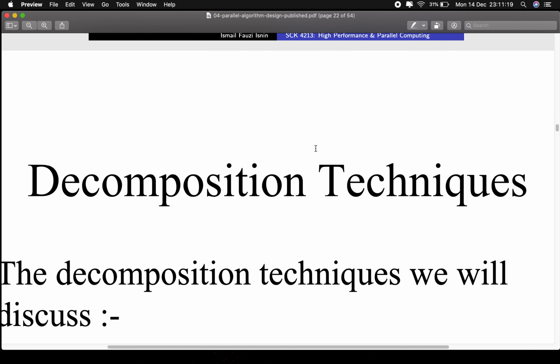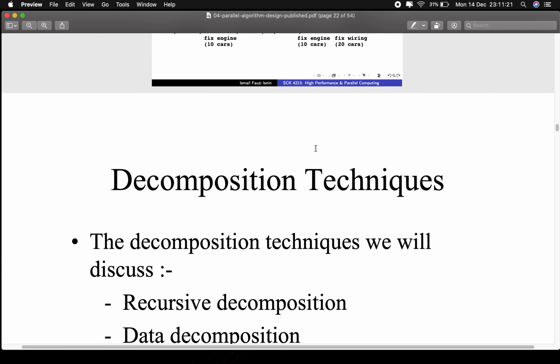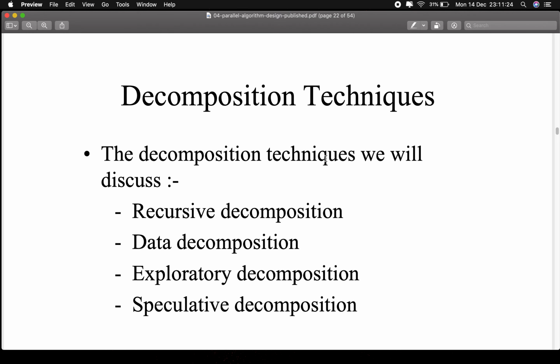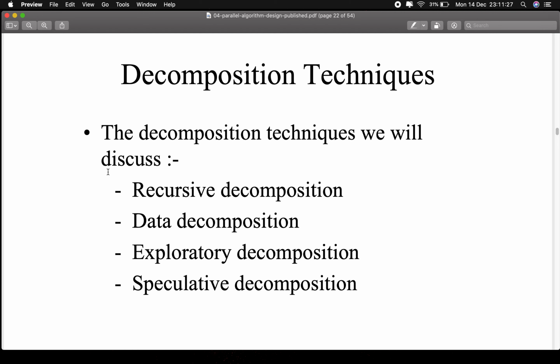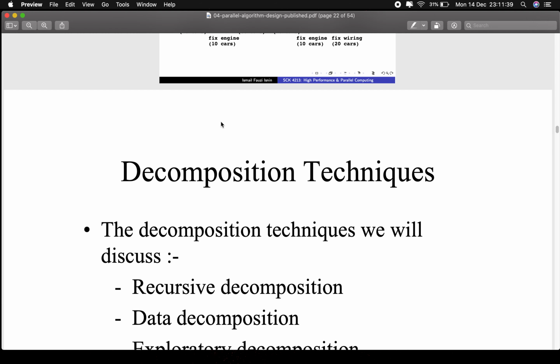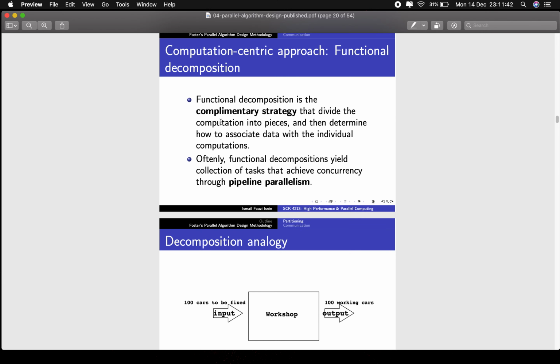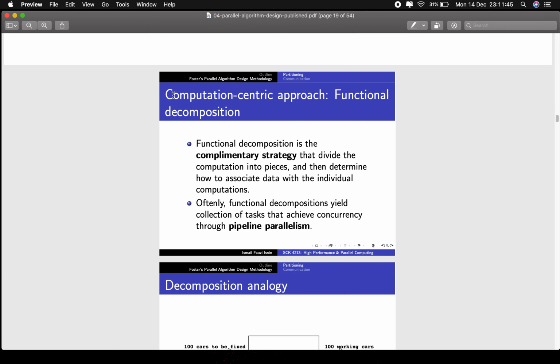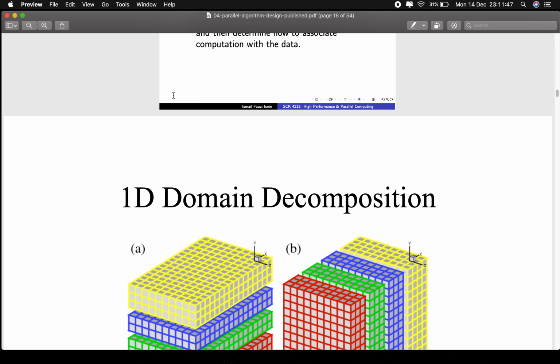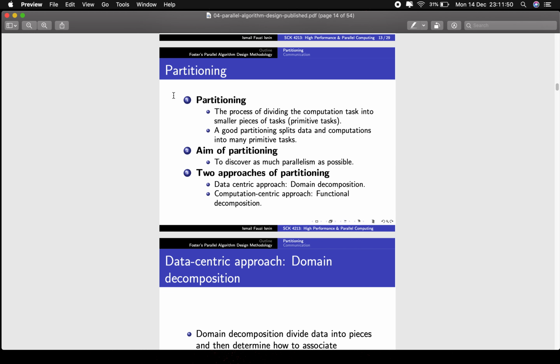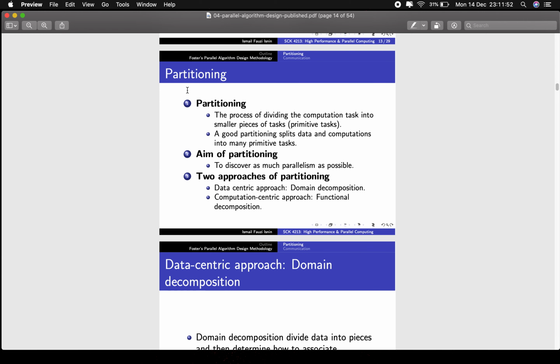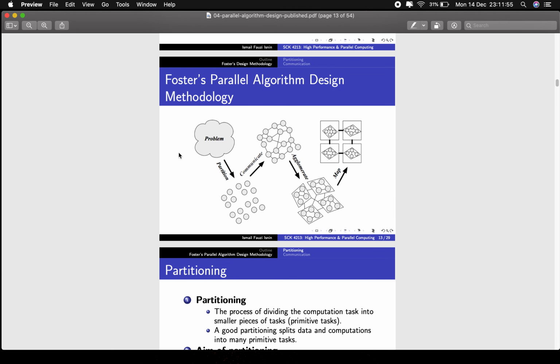And for the decomposition techniques over here, we will discuss 4, which are recursive decomposition, data decomposition, exploratory decomposition, and speculative decomposition. So back to this one, when you look into this under your partitioning, you are still in step number 1.